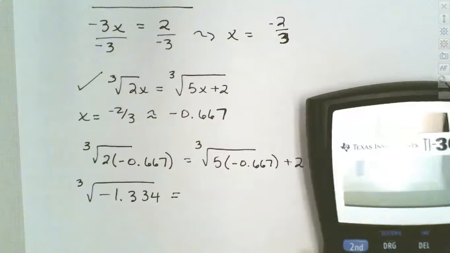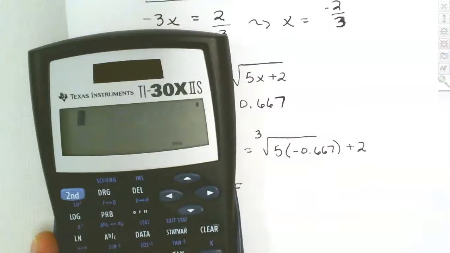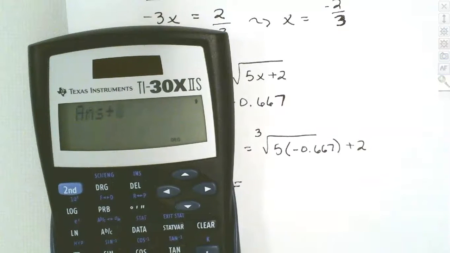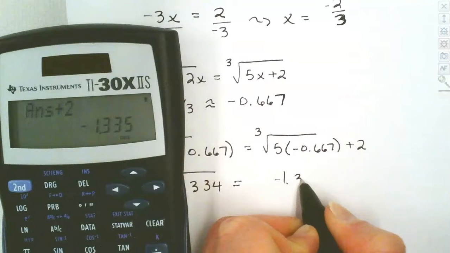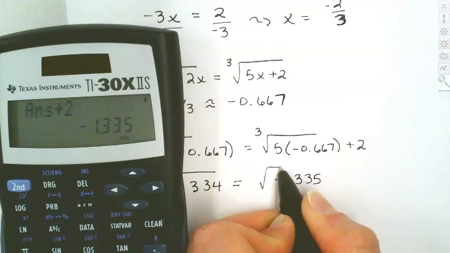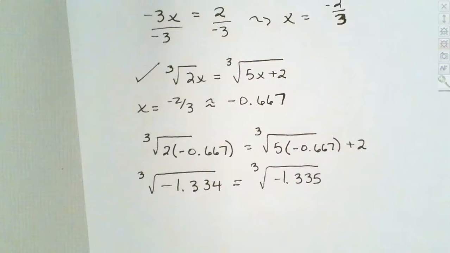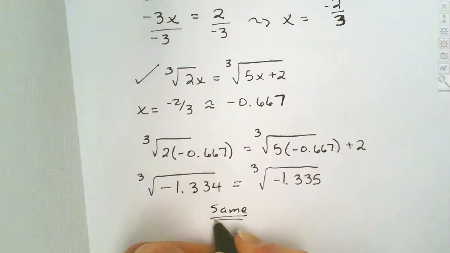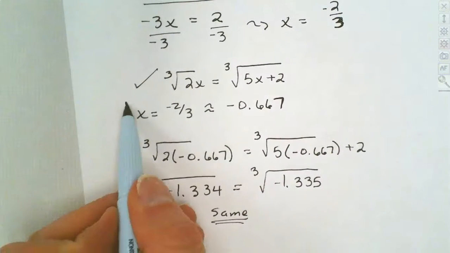Well, if I work out the other side, just so we can see, on the other side we have 5 times a minus 0.667 plus 2. What do we end up with? A minus 1.335. They're going to be very close. They might be off by just a little bit, and that's because of rounding. So we plugged in our decimal, and we found that it does work.